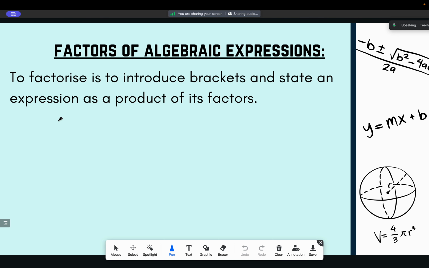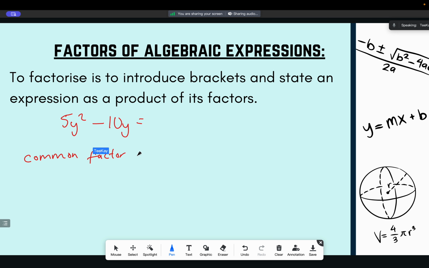Let's say that we have an expression 5y squared minus 10y. We want to factorize this. So what we do, we find a common factor. I think you remember we talked about common factors before.